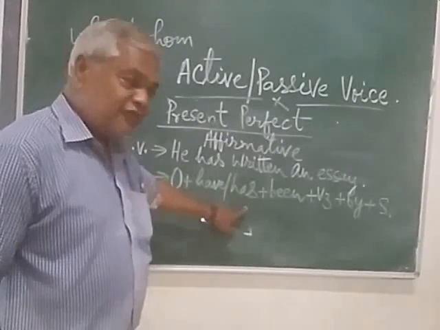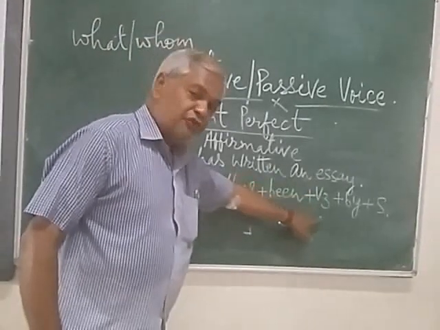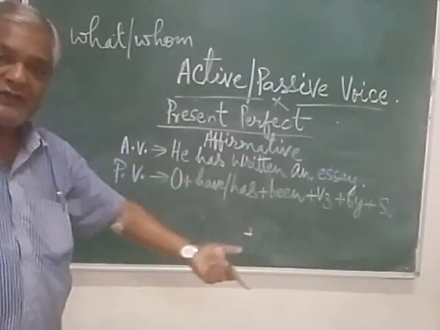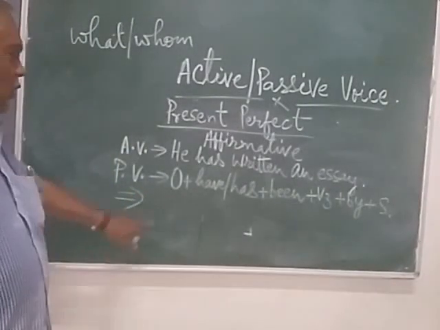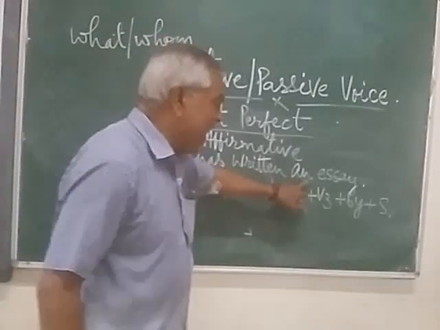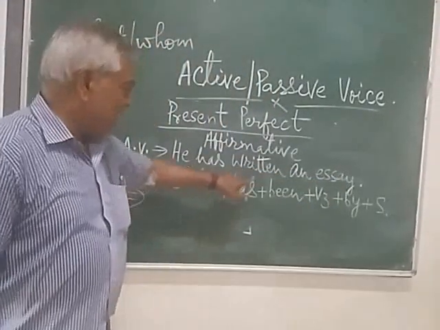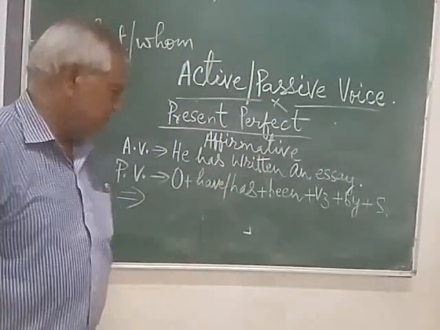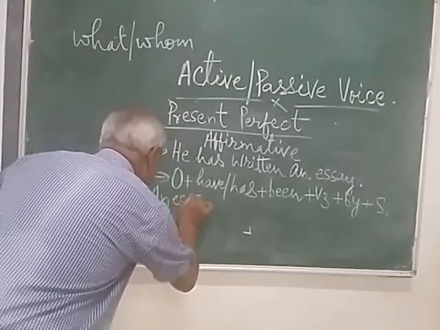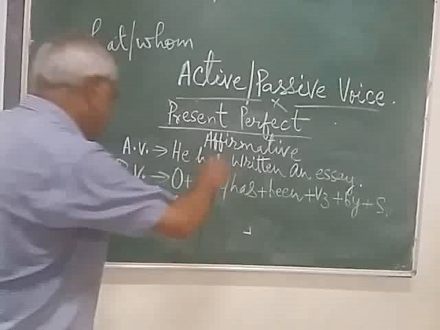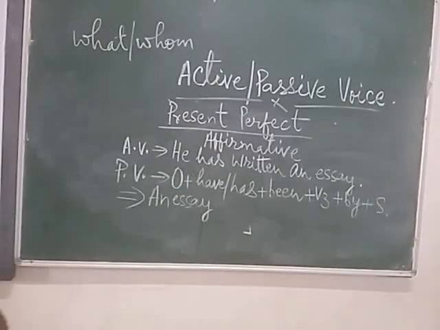Object, have, has, being, V3, by and last is the subject. So how to change? The object here is an essay.